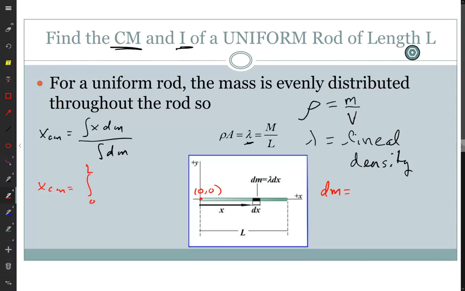And then I'm just going to have my x times my dm, which is lambda dx, over integral from 0 to L lambda dx. Right, because the bottom was just integral over dm. Now the integral over dm had better give me my mass. So I do the bottom integral as kind of a sanity check.